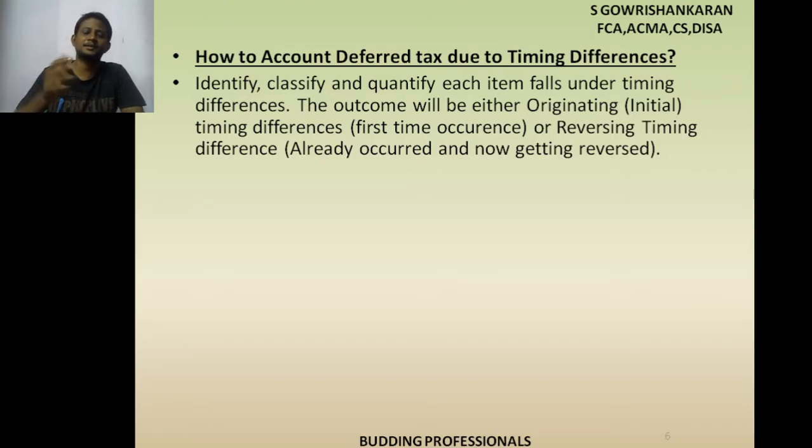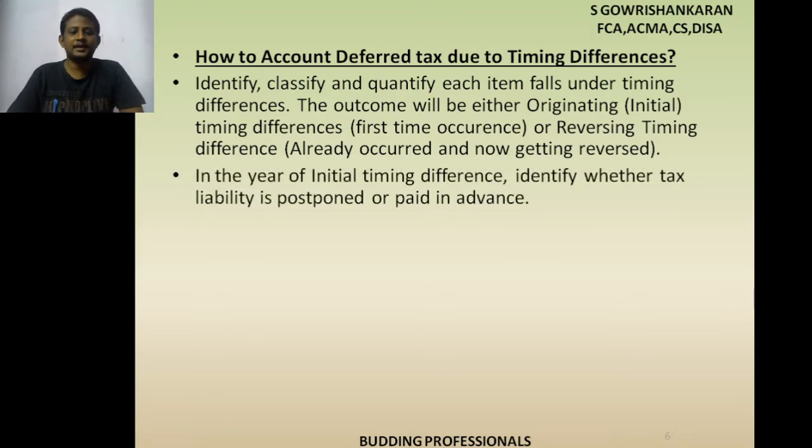First time I did something, that is originating timing differences. Next time I have to give the opposite effect. We will work out the problem and you will understand OTD, originating timing differences, and RTD, reversing timing differences.